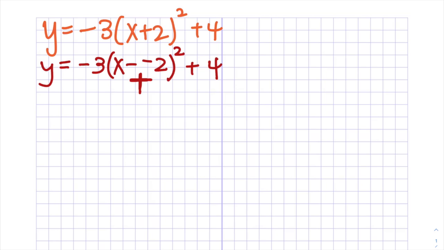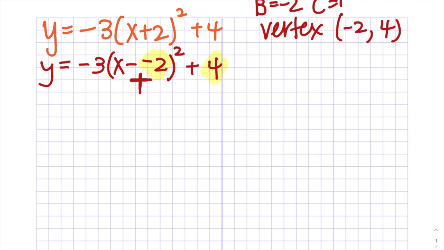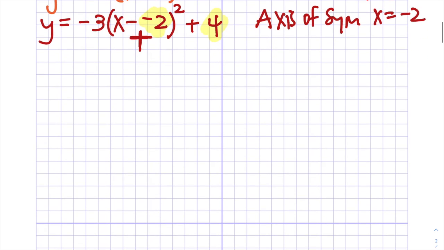So we can identify b and c. Our vertex is at (negative 2, 4). B is negative 2, and c is 4. And then our axis of symmetry is x equals negative 2.